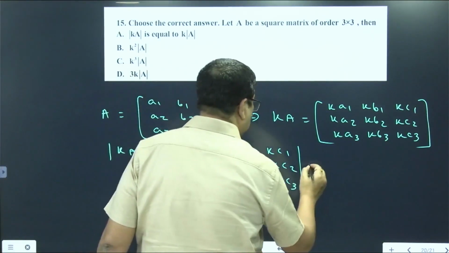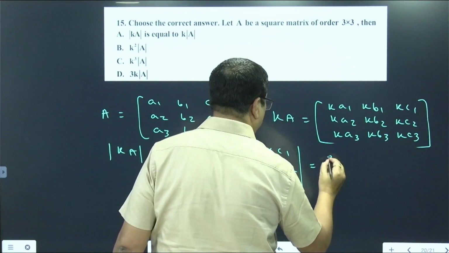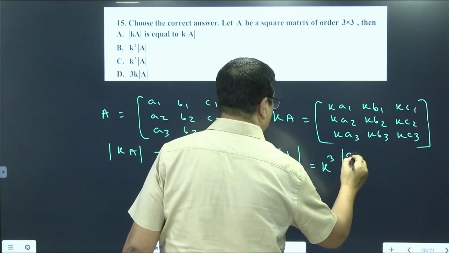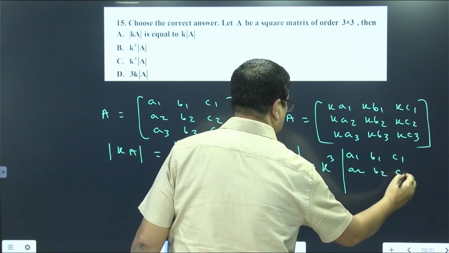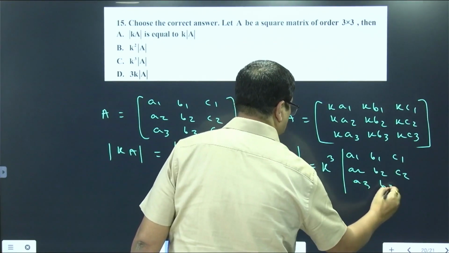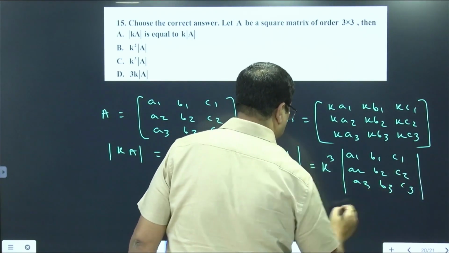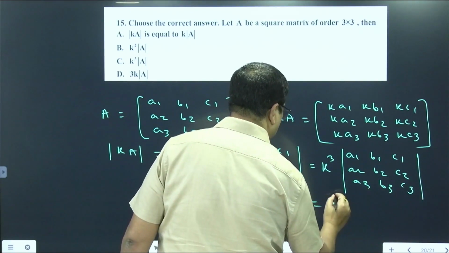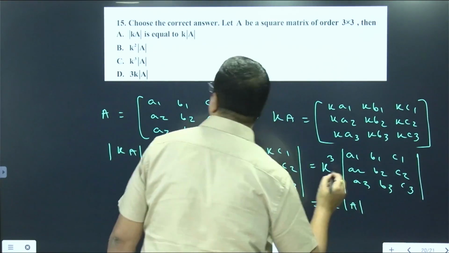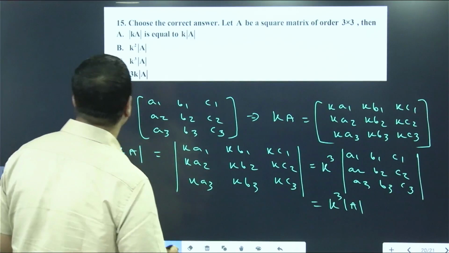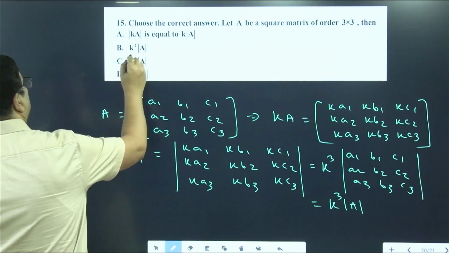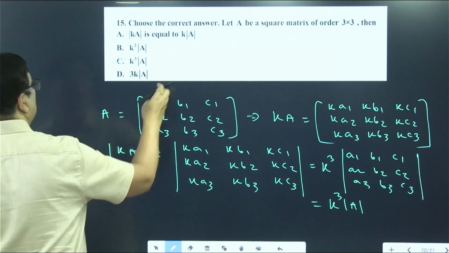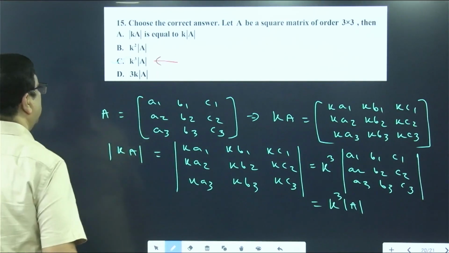Therefore, we can write this as K cube into the determinant of A1, B1, C1, A2, B2, C2, A3, B3, C3. It means this is K cube into mod A. So which option is getting satisfied? Option C is getting satisfied.